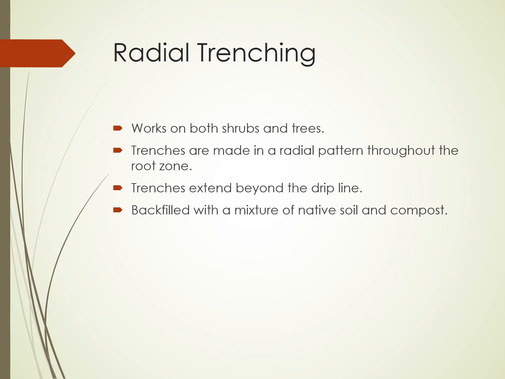After the trenches have been made, they can be backfilled with a mixture of native soil and compost. And of course, if you desire, you can add fertilizer and mycorrhizal fungi to the mix as well.